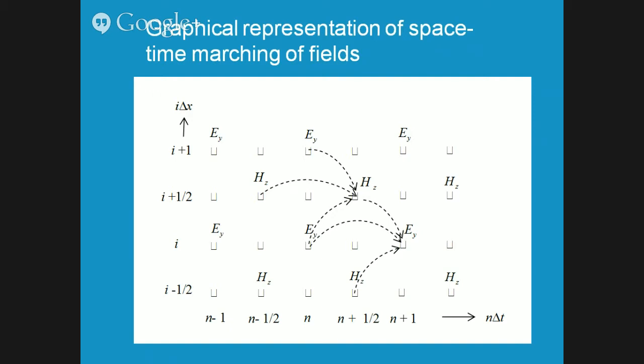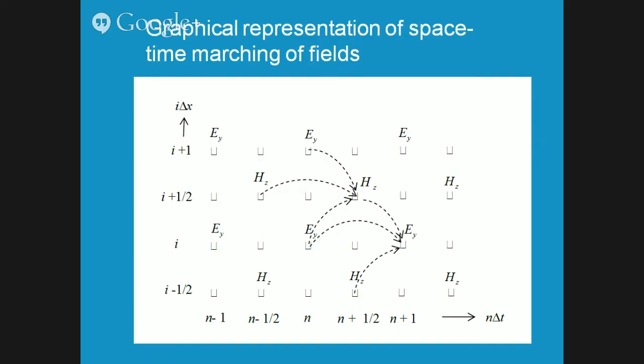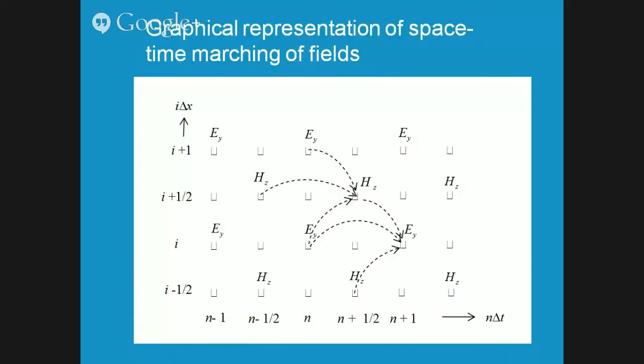The arrows show the same equations in graphical form: Hz at n plus half at i plus half is obtained through Ey at i plus 1, Ey at i, and Hz at the earlier time instant. Similarly, at the next time instant, you can find Ey from two values of Hz and one value of Ey. So this is the graphical representation of these equations.